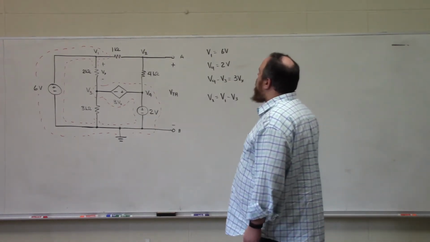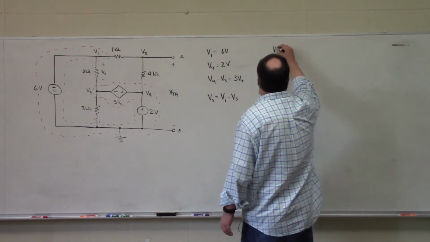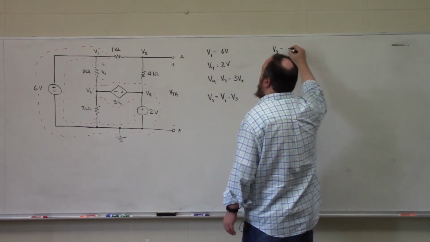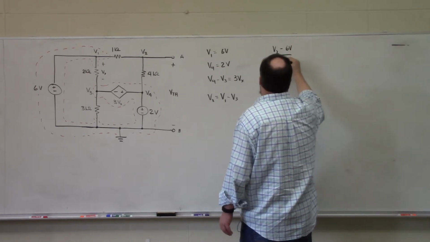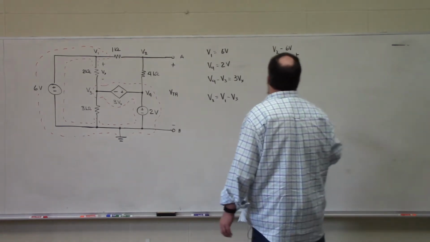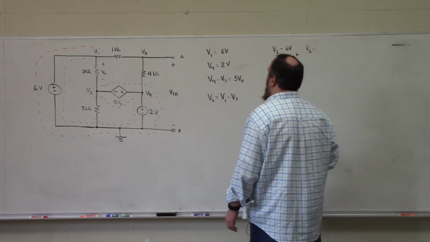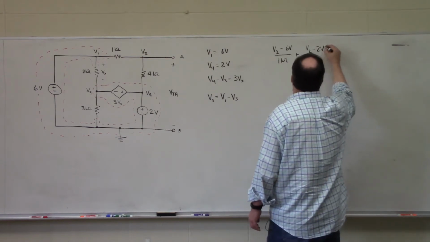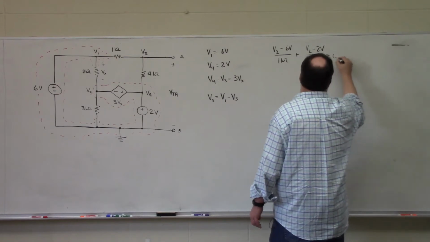If we apply Kirchhoff's current law at node 2, what we get is (V2 minus V1, which is 6 volts) divided by 1 kiloohm, plus (V2 minus V4, which is 2 volts) divided by 4 kiloohms, is equal to 0.